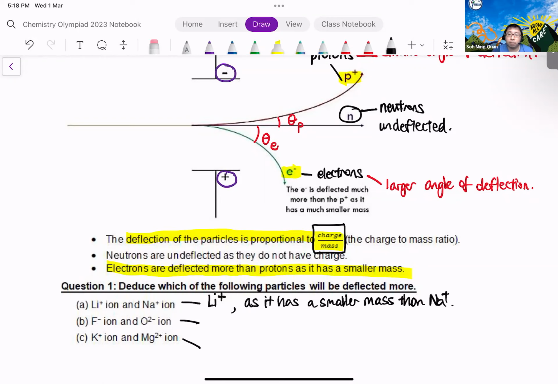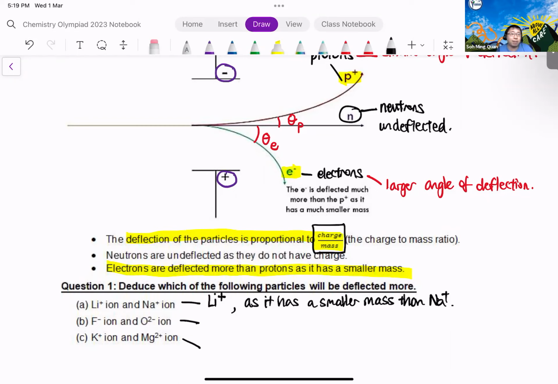If you go to the periodic table and search lithium, lithium has a mass of 7, whereas for sodium, the mass is 23. So lithium definitely has a smaller mass. Since the deflection is proportional to charge over mass, mass is smaller, deflection is larger. So Li plus has a larger deflection than Na plus.